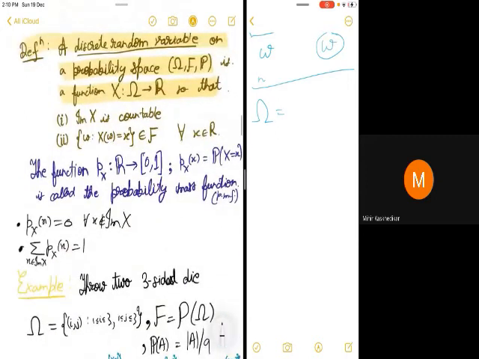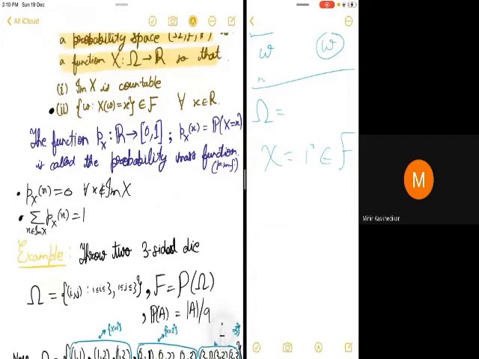So we will want that at least the event that the temperature is, say, 1 degree is in F. So in the general random variable case, the event that our random variable X takes the value small x belongs to F. This is one of the conditions. And the second condition is that the image of X is countable.